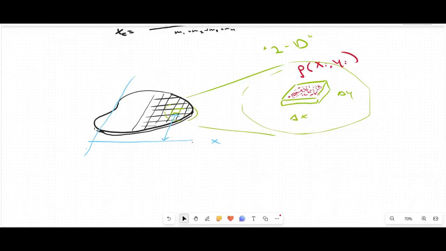Take a small moment to just ask yourself, if I'm interested in tipping about the x-axis, like in this picture, what quantity represents how far from the x-axis I am? It's the y-coordinate.